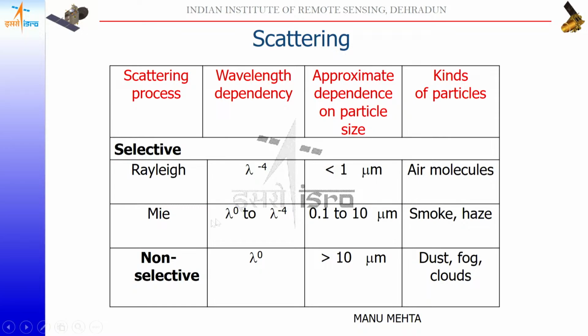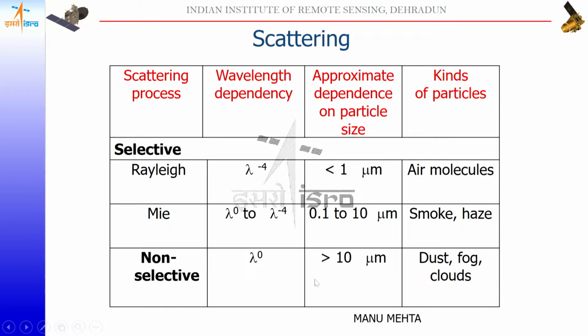This type of scattering, Rayleigh scattering, is shown by very, very small particles. When the size of the scatterer is much smaller compared to the wavelength of light which is interacting, it's called Rayleigh scattering. When the size of the scatterer is comparable to the wavelength of light which is interacting, it falls in the range of Mie scattering.